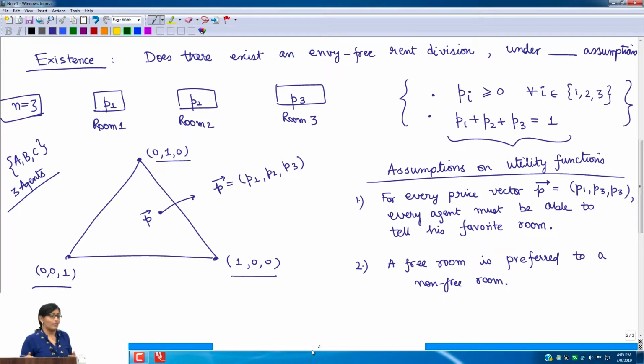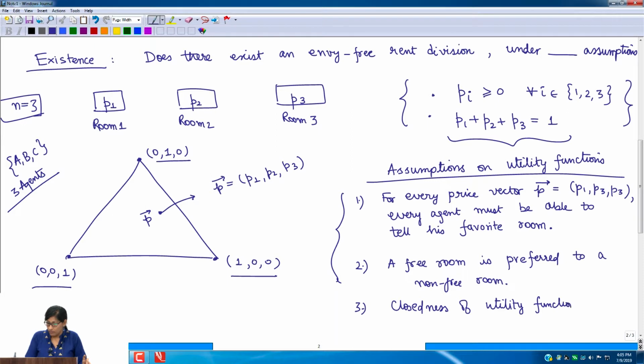If there's a room which is coming for free, every agent will want to live in that room as compared to any other non-free room. So these are the two assumptions I have, and again, as we saw yesterday, I'll have the assumption of closeness of utility functions, just to have the limiting argument as we saw yesterday.